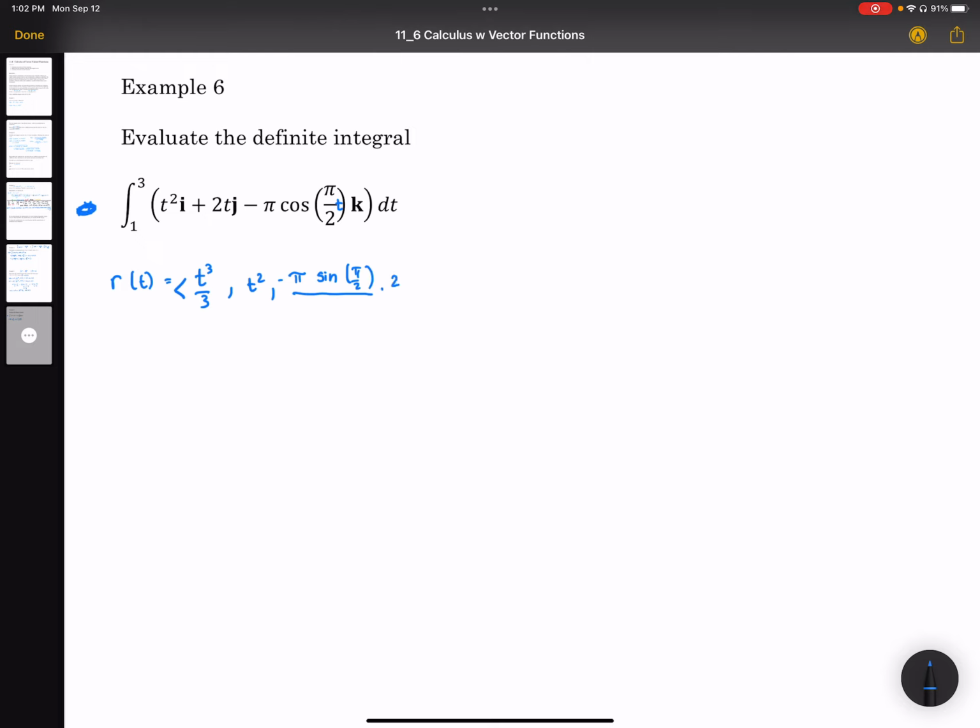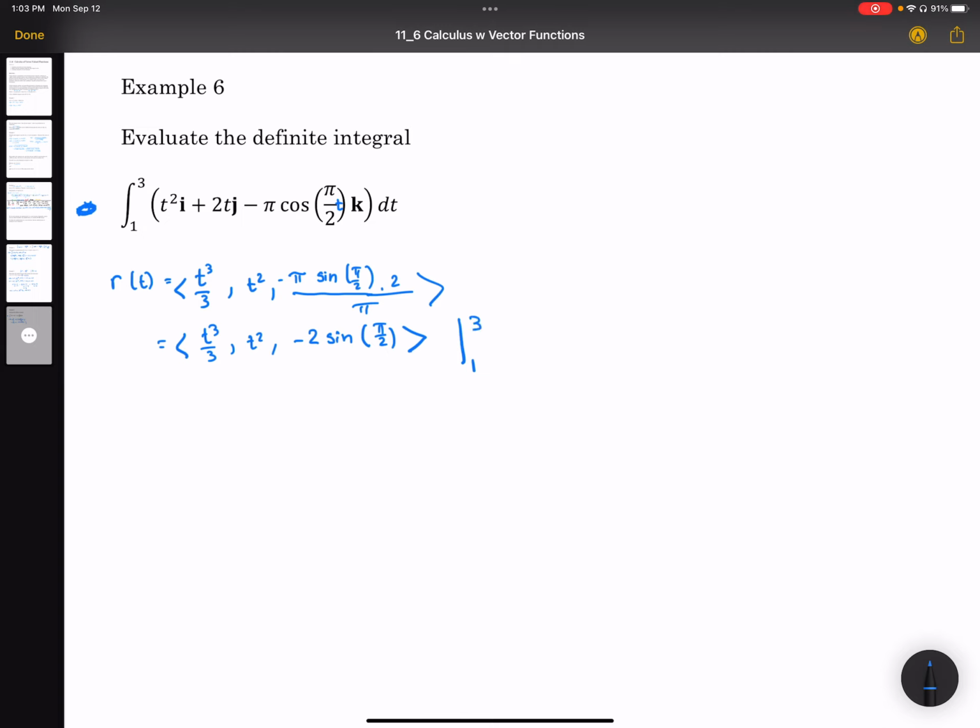So times 2 all over pi, and that actually simplifies a bit. So we get t cubed over 3, t squared, and just negative 2 sine of pi over 2 t, and we want to evaluate that from 1 to 3.